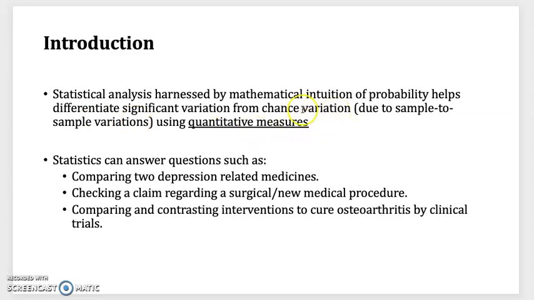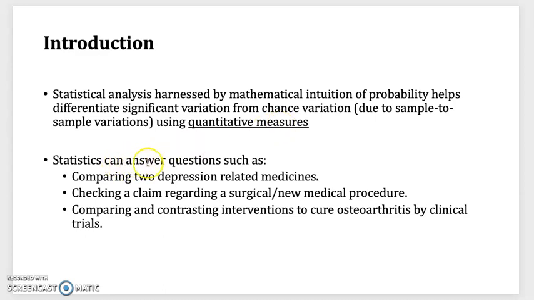It depends on your sample and where the sample came from. We may have sample-to-sample variation. So we use quantitative measurements, which are variables that can be represented by numbers. Then we use the mean, mode, or variation to represent the data.